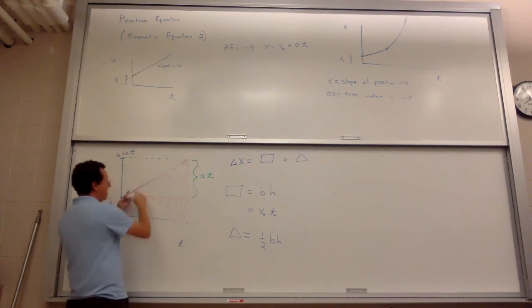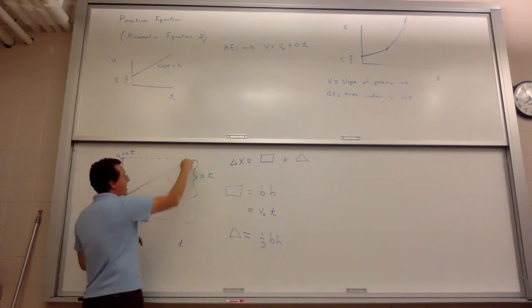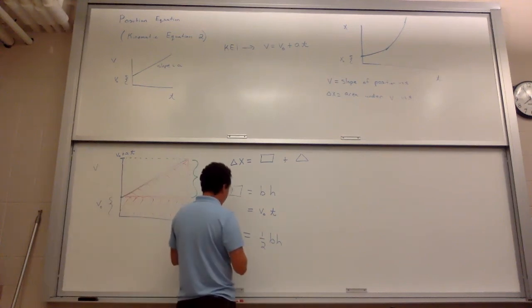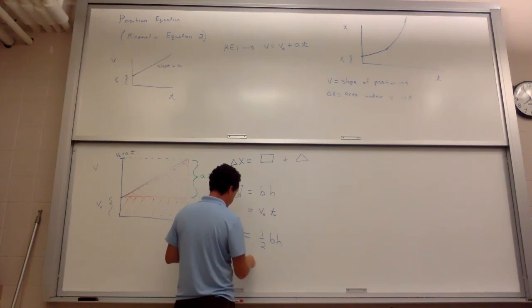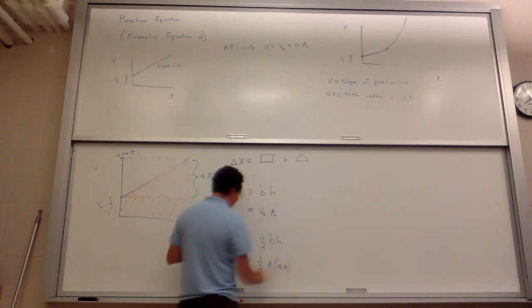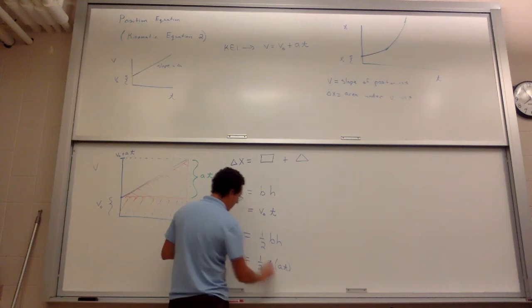So the base of the triangle is t. The height of the triangle is a times t. I pull it all together, and I get that the area of the triangle is 1/2 t times at, or 1/2 at squared.